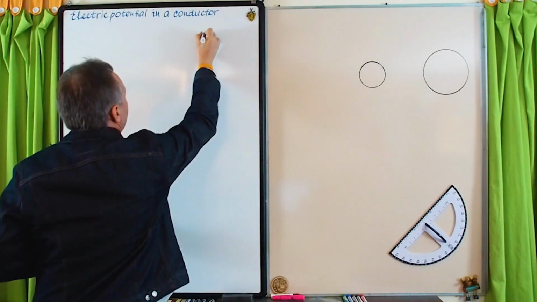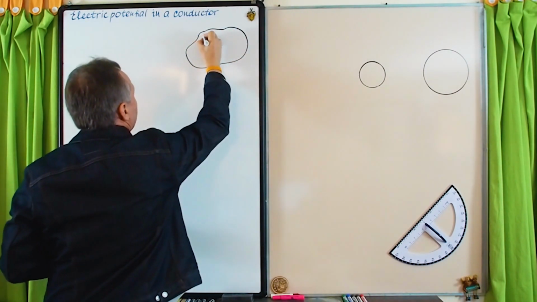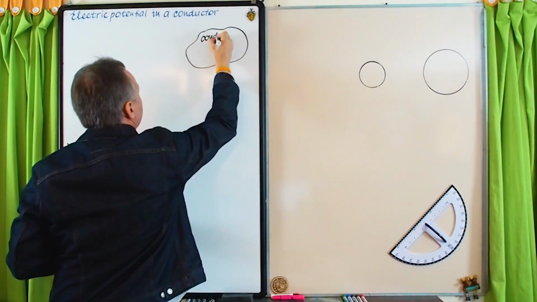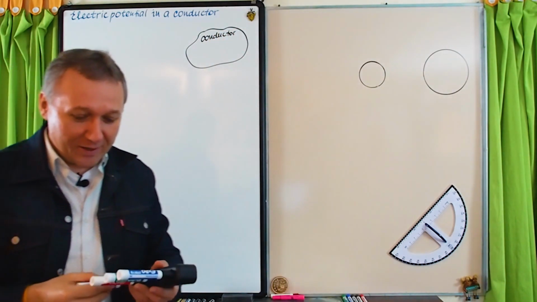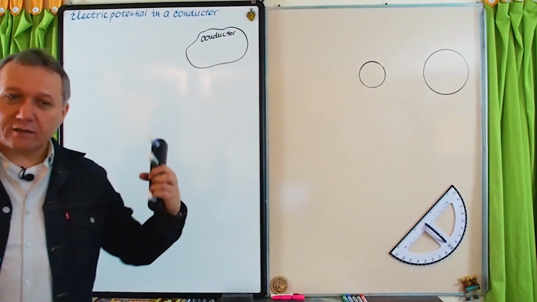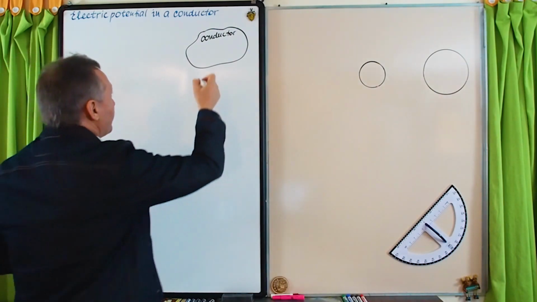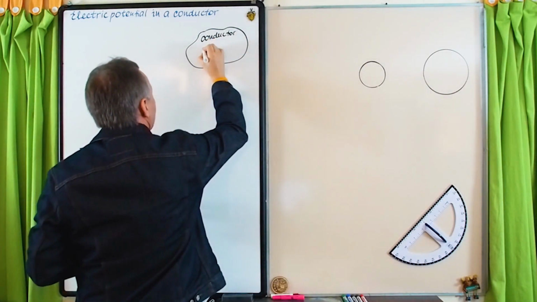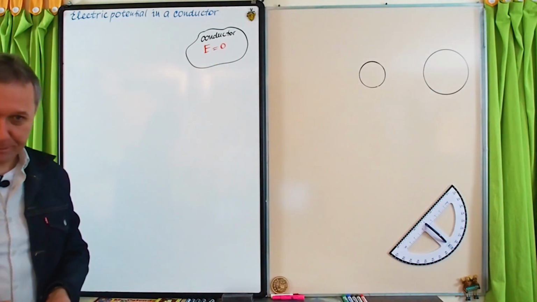So if I have a piece of a conductor, probably I should have written metal. It's easier. If it's in electrostatic equilibrium, of course, it has tons of free electrons. And then in electrostatic equilibrium, the electric field inside of the conductor must be 0 all the time.